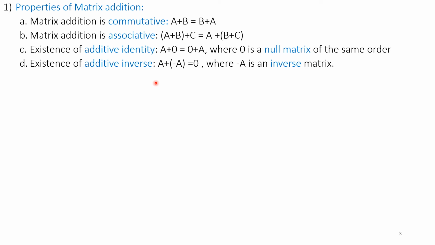D. Existence of additive inverse. A plus within brackets minus A is equal to 0, where minus A is an inverse matrix. We will study examples of these properties of matrix addition in numerical examples.